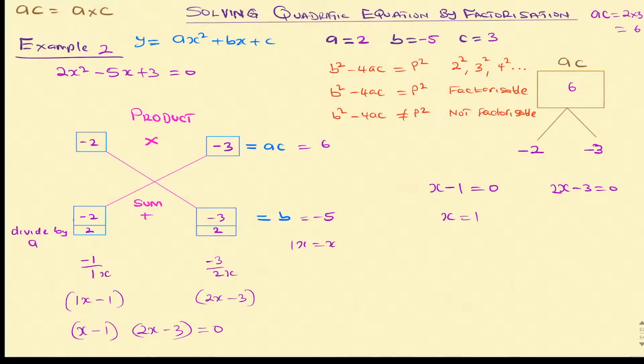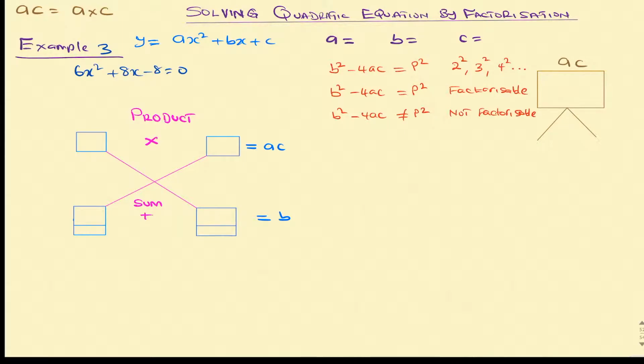In the second factor, add 3 to both sides, 2x equals 3, and then divide both sides by 2, x equals 3 over 2. So the roots or solutions: x equals 1 and x equals 3 over 2.